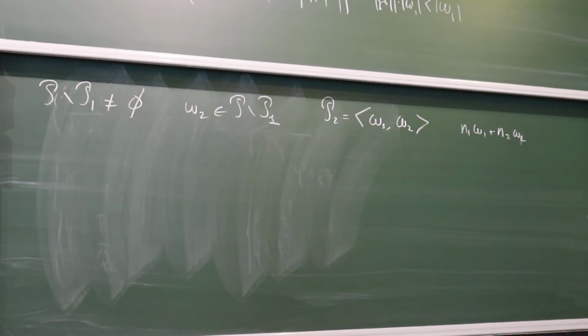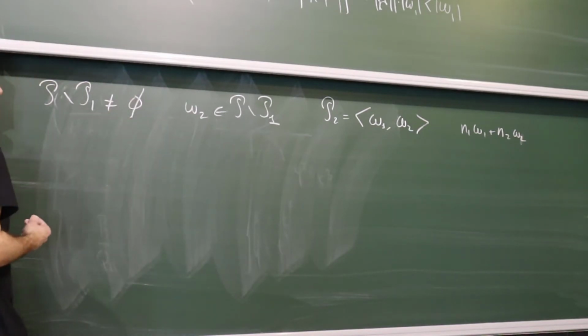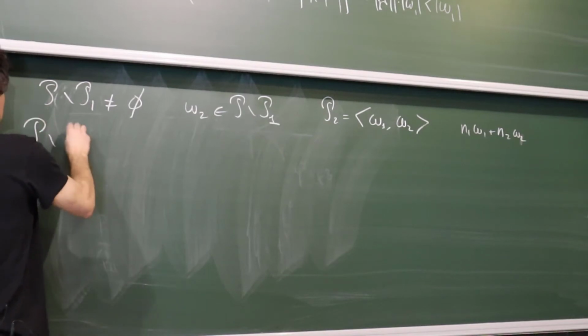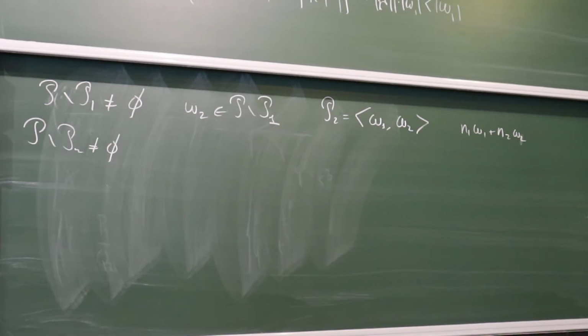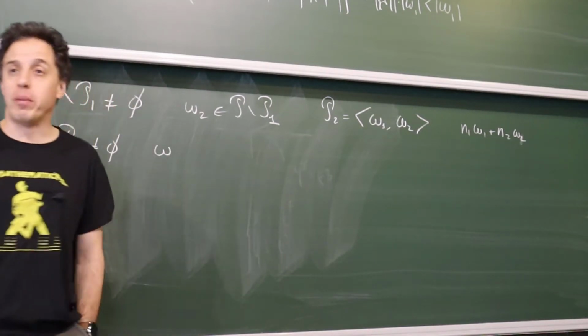Two possibilities: either P2 is equal to P, and we are done, or perhaps not. Assume that is not the case, so P minus P2 is not empty. Take an element omega which is in P and is not in P2.